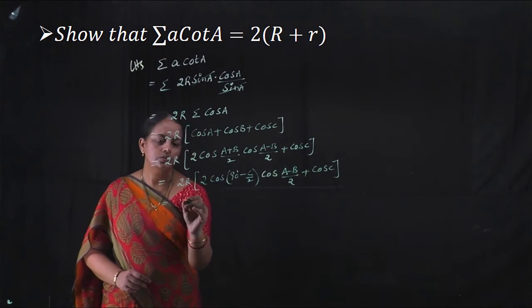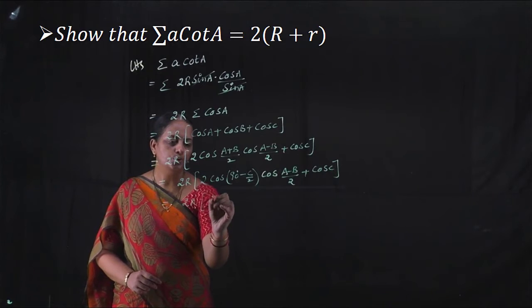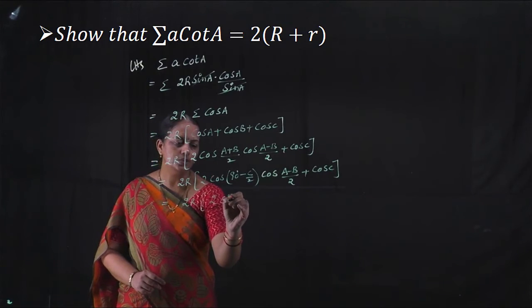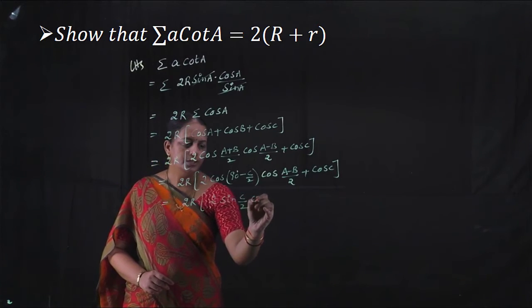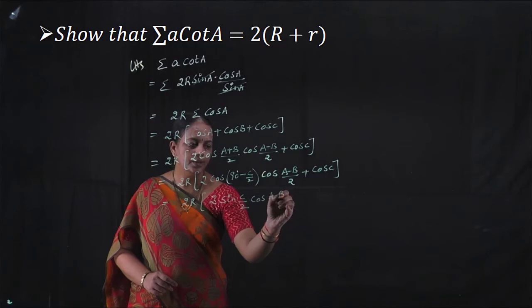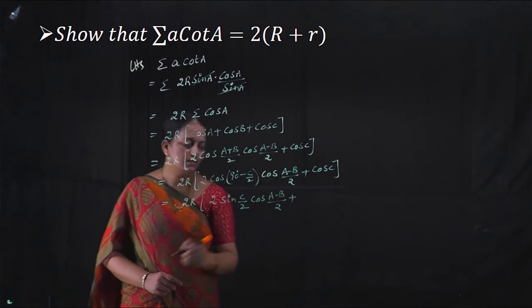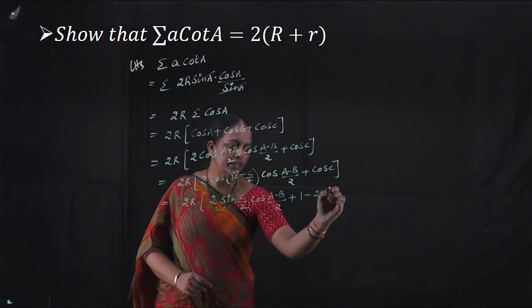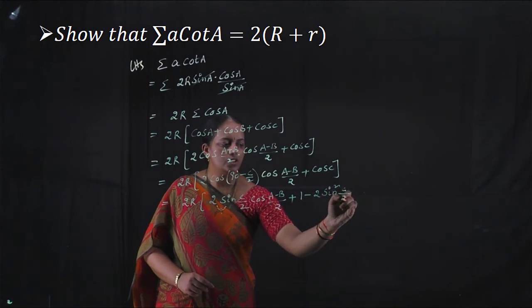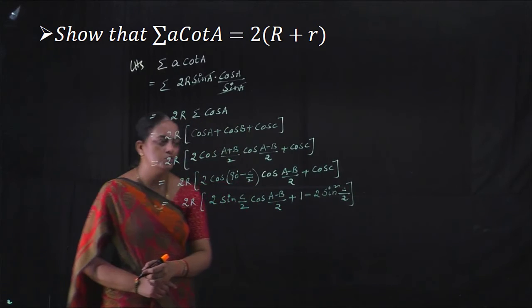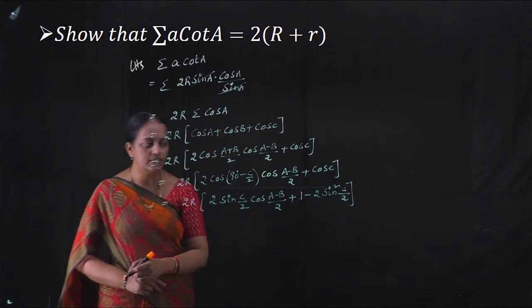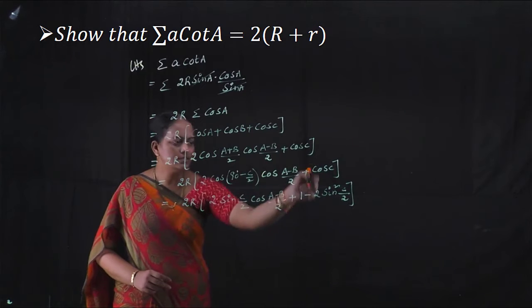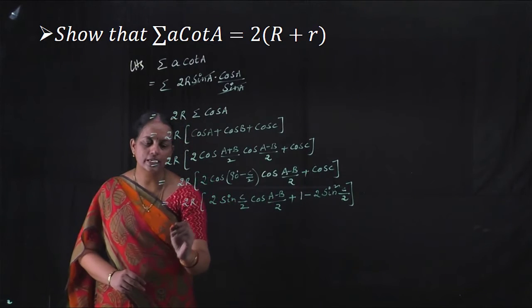This is equal to 2r into 2 cos 90 minus C by 2 means sin C by 2 into cos of A minus B by 2 plus cos C means 1 minus 2 sin square C by 2. From cos 2A formula, we know that cos 2C is equal to 1 minus 2 sin square C. Similarly, cos C is equal to 1 minus 2 sin square C by 2.